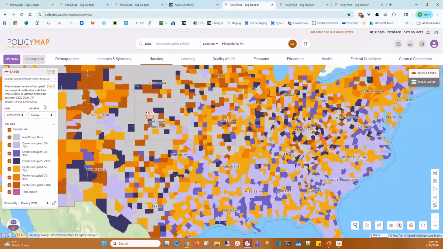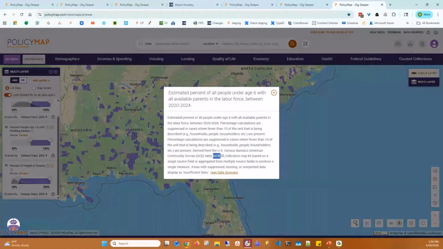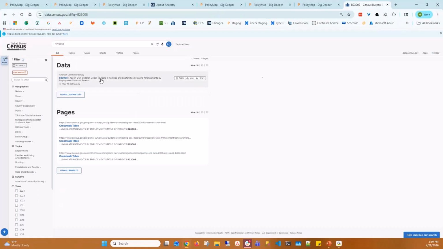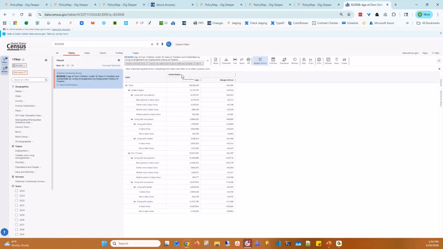So, absolutely. The one question is, I believe, about the multi-layer maps. One of the layers was parents in the workforce, and their question was, does that include single parents? This does, yes. So this table here, and honestly, I might even just bring us so you guys can see the underlying table. So what this table is all children, and so we are looking specifically under the age of 6, and so they break it out into both parents in the workforce, father only, mother only, or neither.